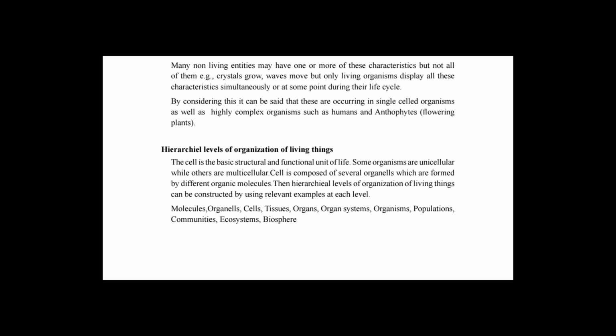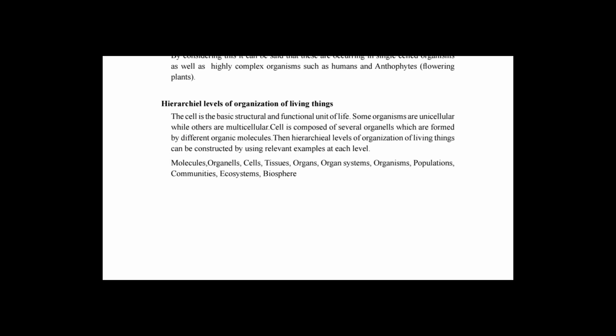If they ask about living things, you should write cells, tissues, organs, organ system, organism, population, community, ecosystem, biosphere. We should ignore molecules and organelles. Remember that as well. So that's all about this introduction to biology.